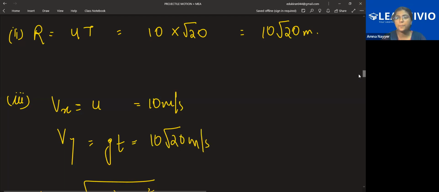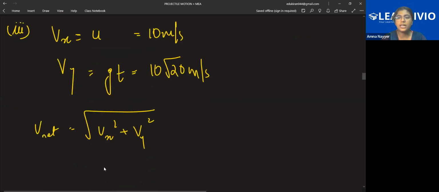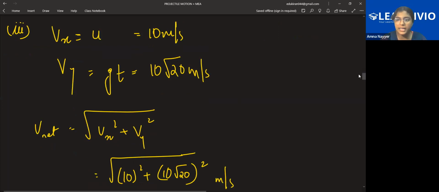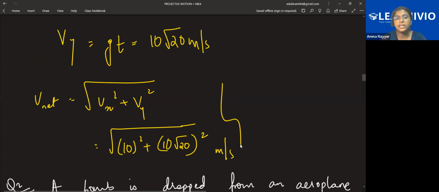When you are calculating, you will take under root of Vx square, which is 10 square, plus Vy square, which is 10 root 20 whole square. This much meter per second will give you the magnitude, and similarly you will get tan beta for the direction, simply Vy by Vx.